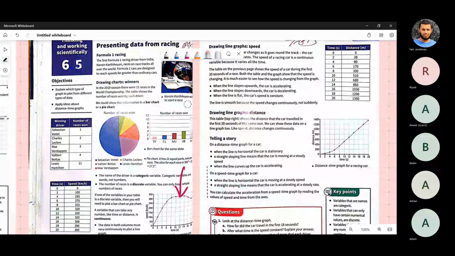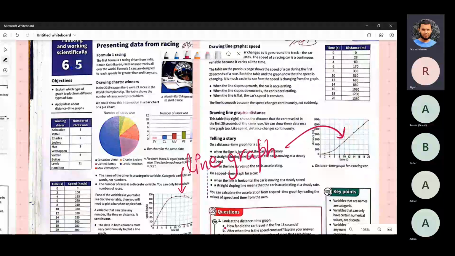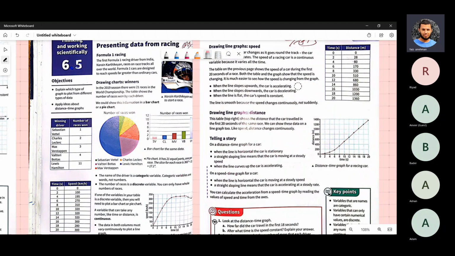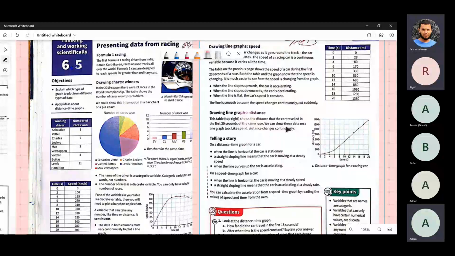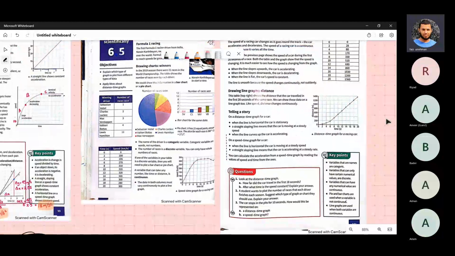Line graph. Everything is a graph, but this is a line graph, okay? Even this one is a line graph. And this is a table. Okay, maybe 5 minutes and inshallah we will finish.